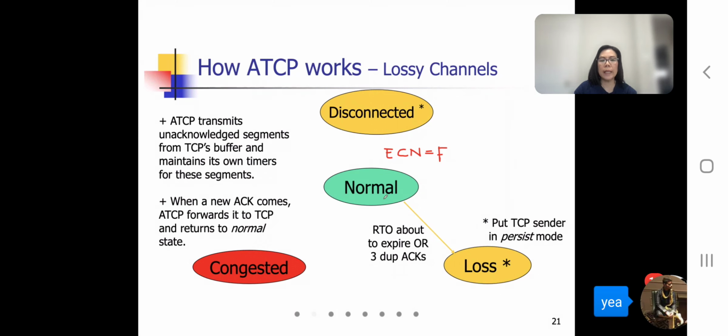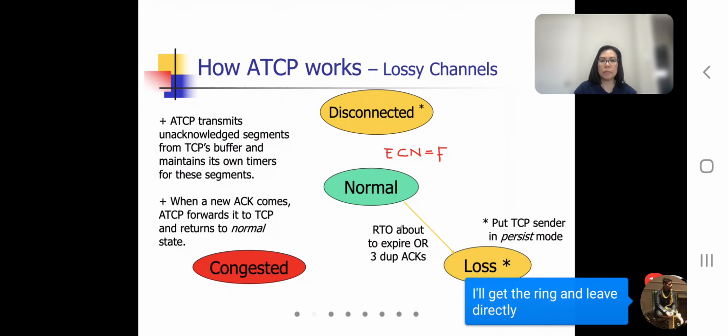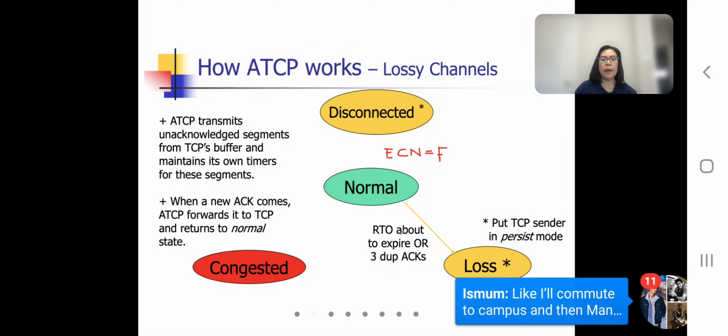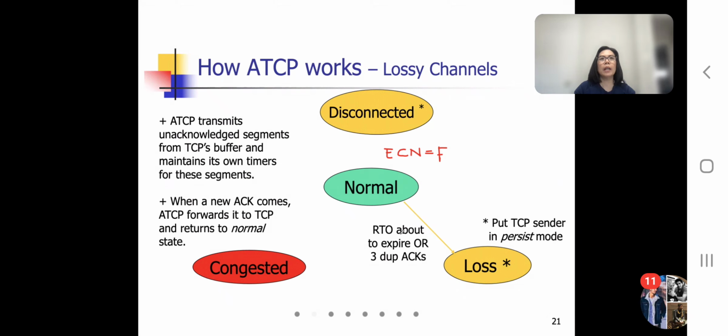So ATCP assumes that one or more packets are lost, but it's not because of congestion. It's because of, let's say, a high bit error rate, or a link break, for example.